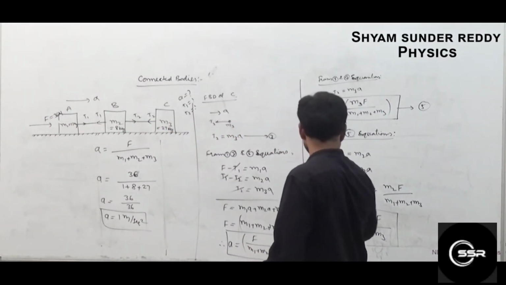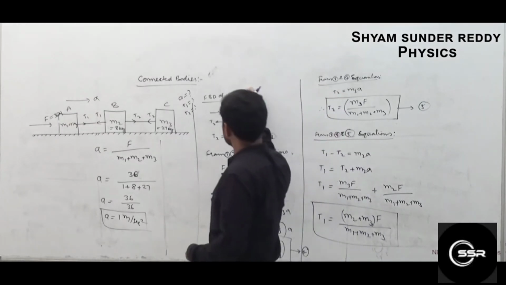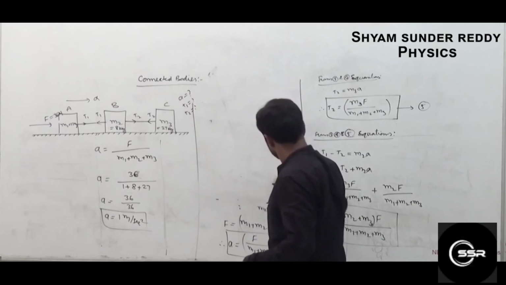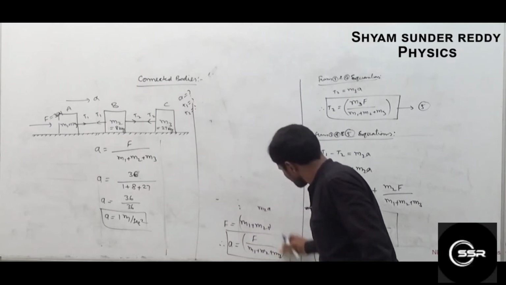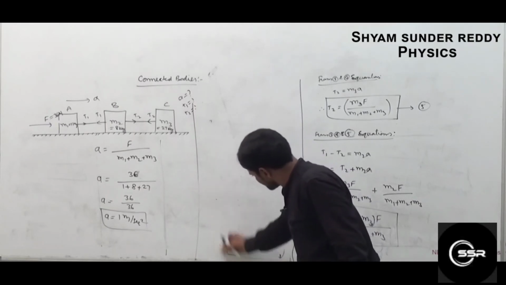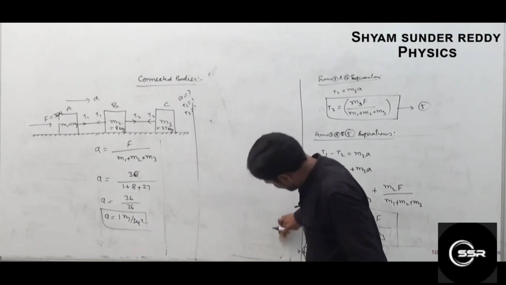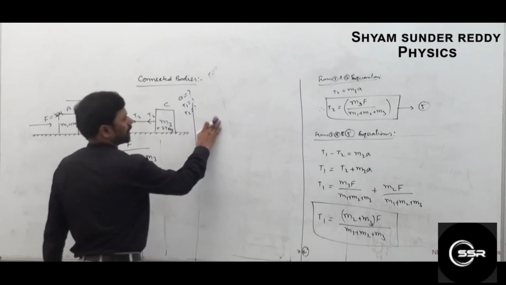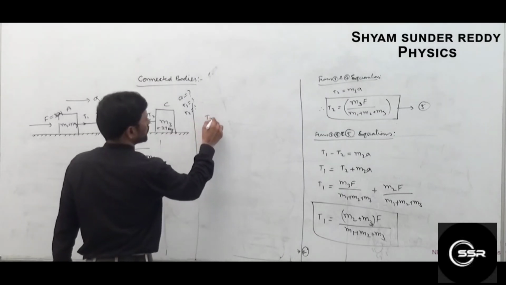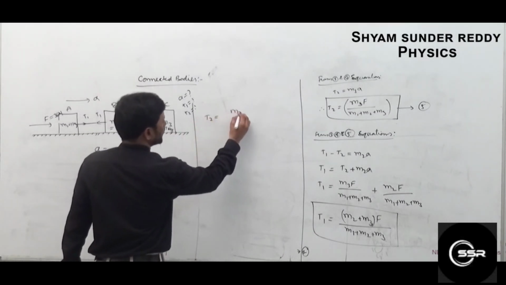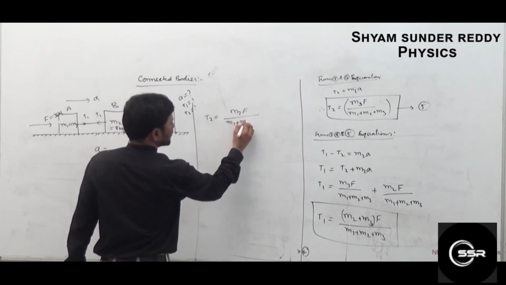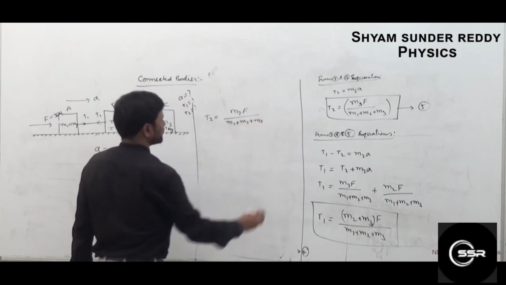Next we want the T1 and T2 values. See that, T2 is equal to what we have? T2 is equal to M3F by M1 plus M2 plus M3.